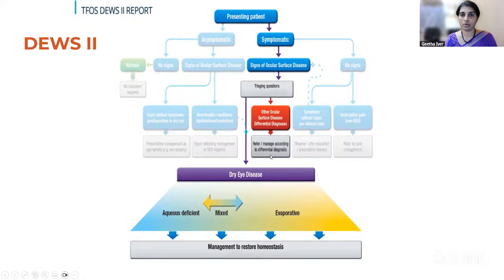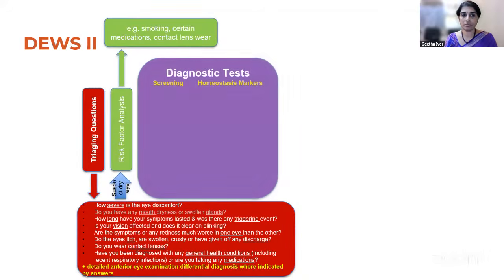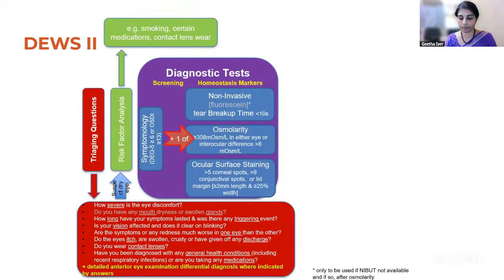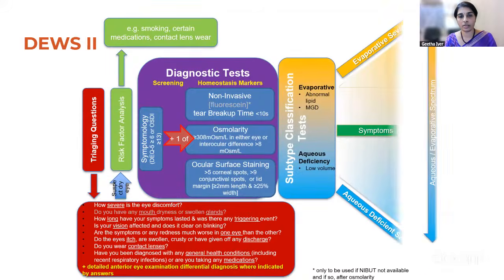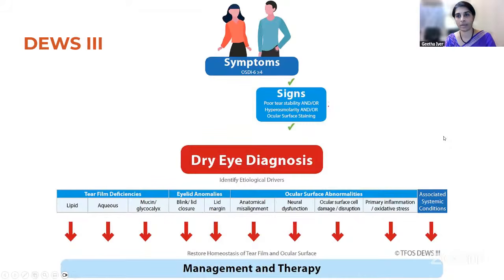And this was how the patient came into the label or diagnosis of dry eye disease, which maybe is largely similar to what DEWS 3 also does in terms of triage. And this is the classic triage that we used to do for DEWS 2, where once the dry eye diagnosis was made, all that needed to be done was put them into either of the two boxes or a mixed box and then have management.